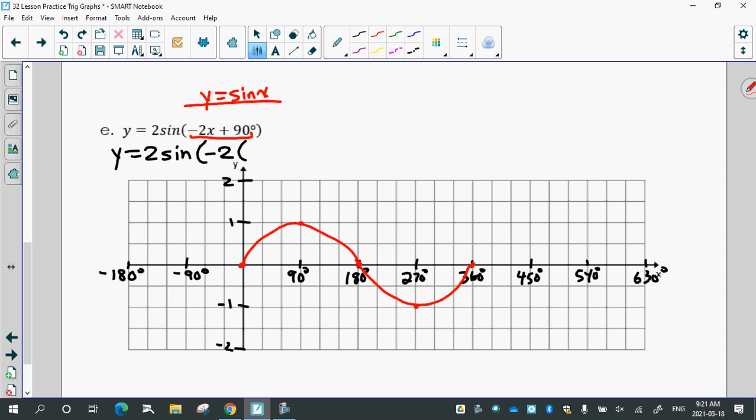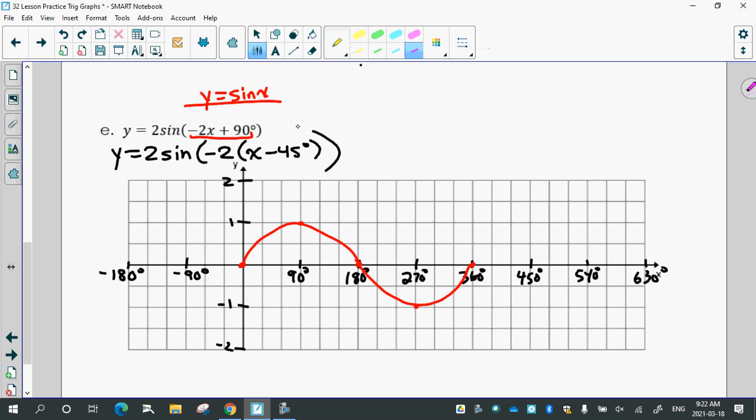So negative 2x divided by negative 2 is x, good, and positive 90 divided by negative 2 is negative 45 degrees. So same rules hold if there's two things happening with the x. In this case there's three, but if there's two things happening with the x, it has to be in factored form.